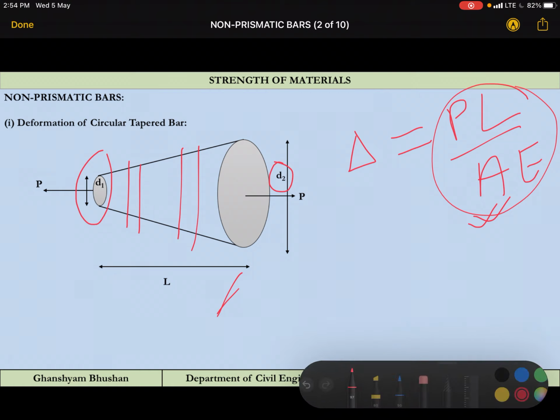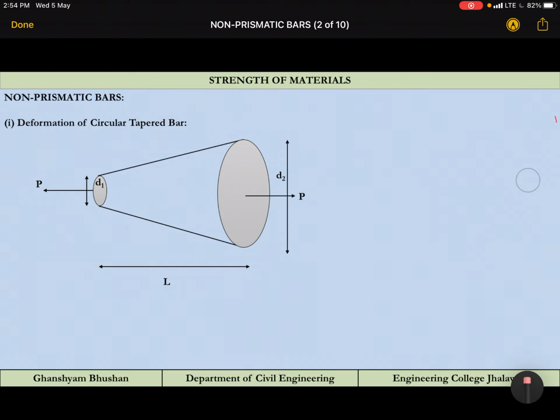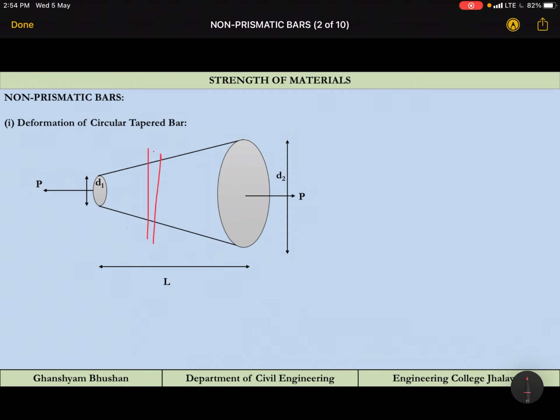So we have to solve this problem. We will take a small cross section at a distance x, whose thickness is dx, and we will find the small deformation of this small strip.